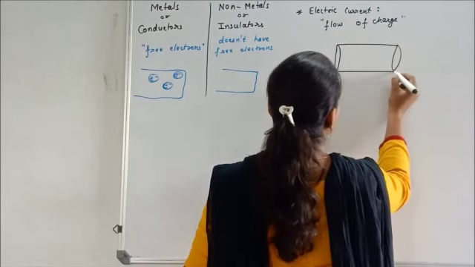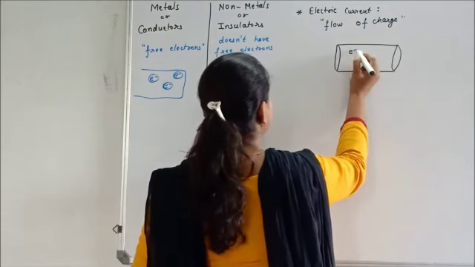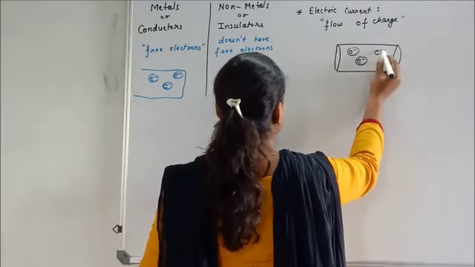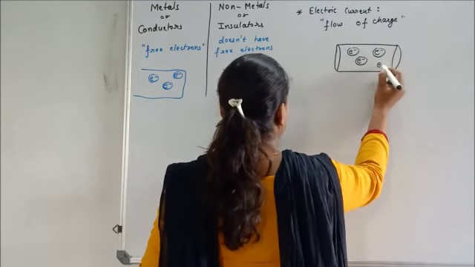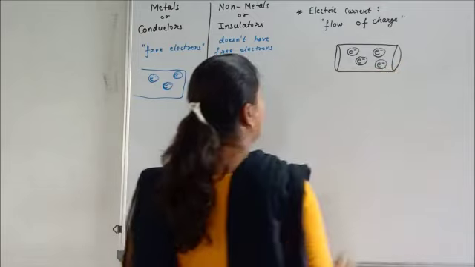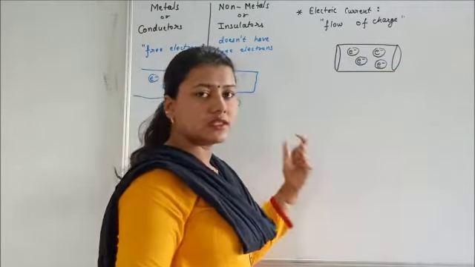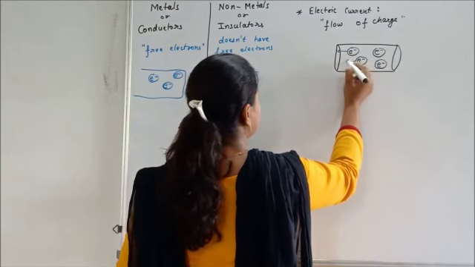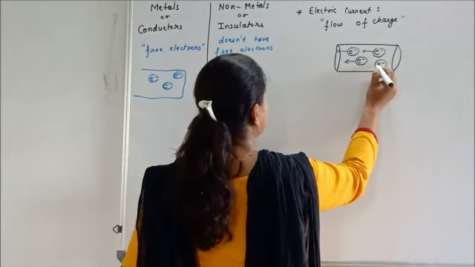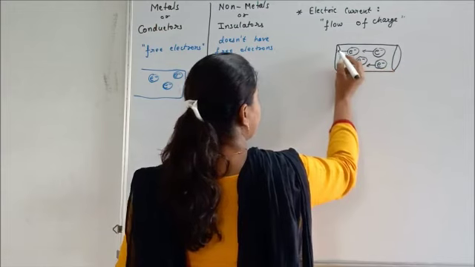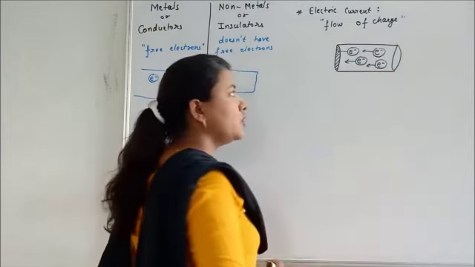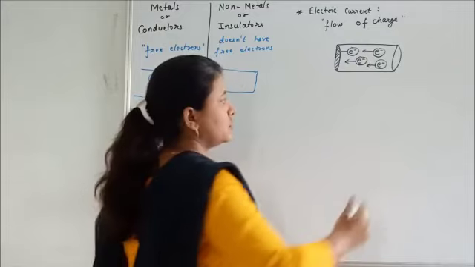That means it will contain free electrons. And if all these free electrons are moving in a particular direction, then they will cross this area, which is known as the area of cross section.